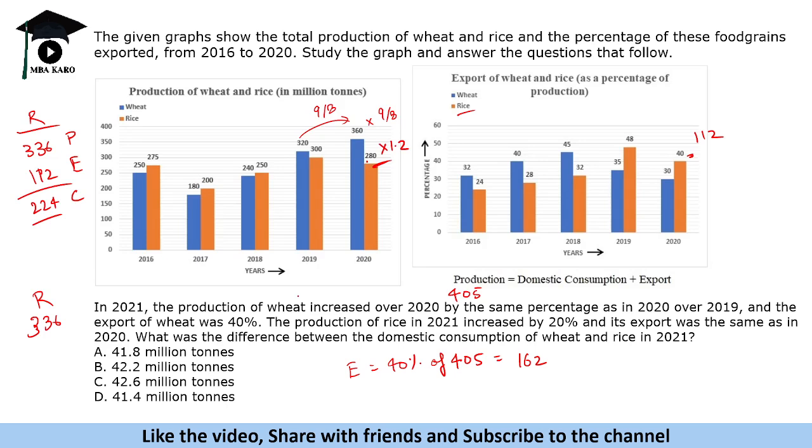And difference between domestic consumption of wheat and rice in 2021. Wheat का consumption है, export is 40%, so we need to find 405 और इससे subtract कर लो, we will get 243. 243, 224, which is coming as 19.